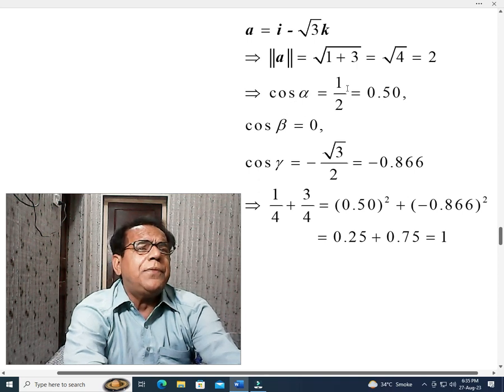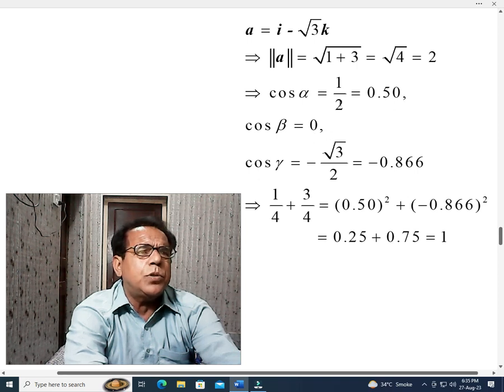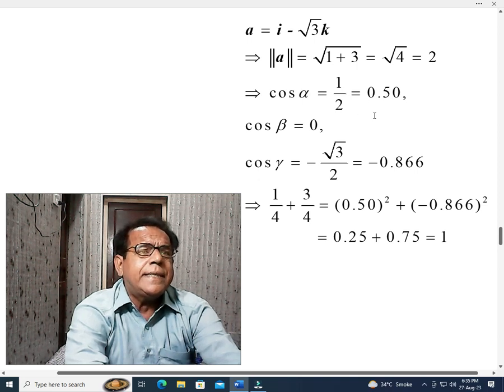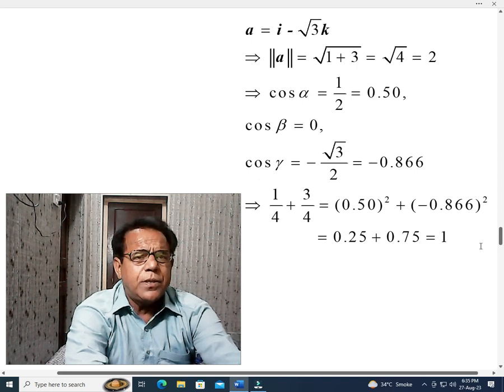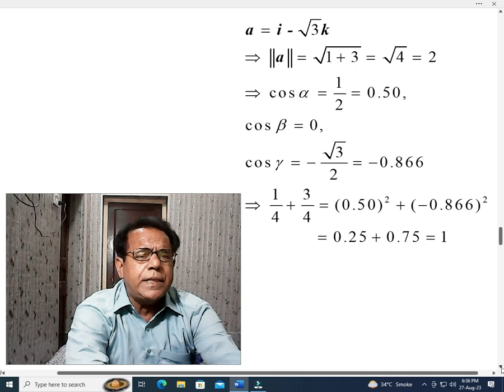So when cos alpha equal to this, alpha will be equal to this, cos beta equal to 0, and cos gamma equal to this. When we add the squares of all these three, they become equal to 1. So it means we are proceeding in the right direction.